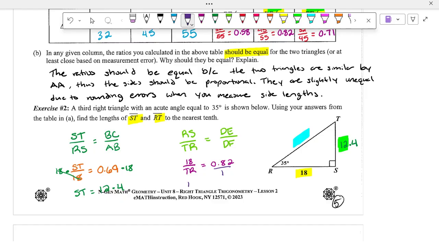So we would get 18 is equal to 0.82 times TR. So what would I have to do to solve for TR? Right, divide 18 by 0.82. So TR will be equal to what?